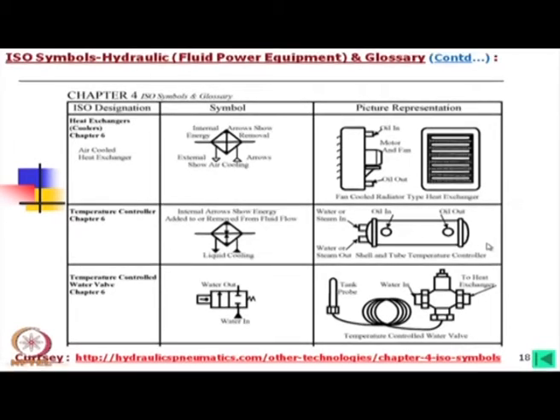Now, if we look into coolers and heat exchangers, then we will find that this symbol is used. In this case, this is not filled, which means these are cooled by air. So, what is there? It is some sort of radiator system.